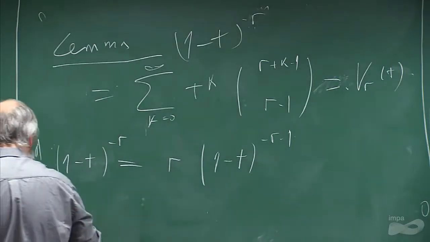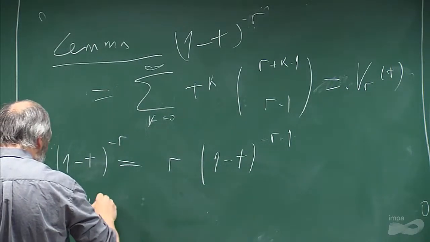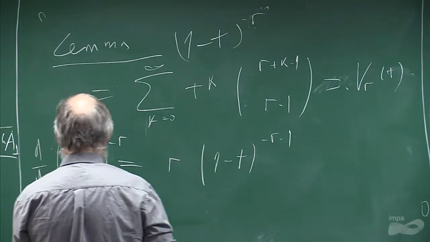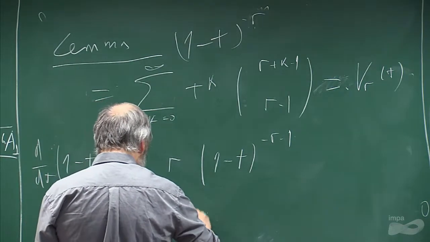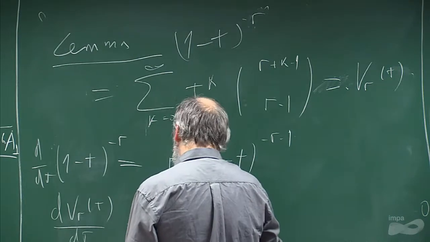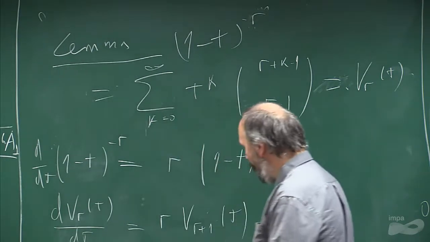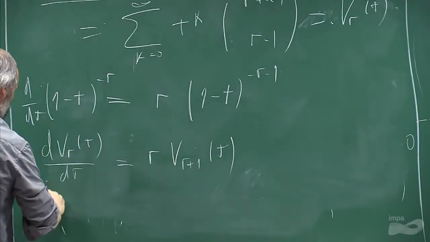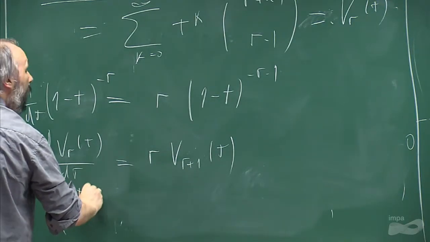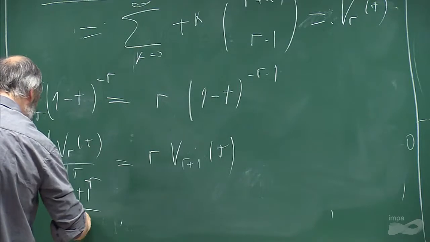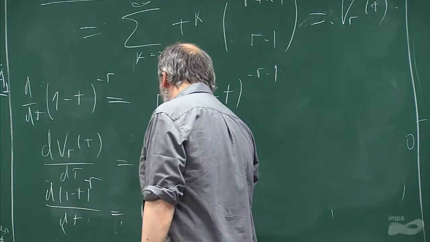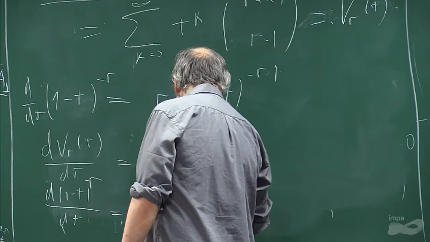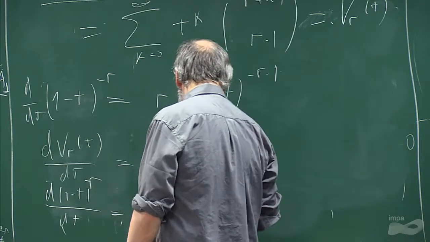So we obtain that dV_r(t)/dt is equal to r V_(r+1)(t). And the same is true with this: d/dt of (1 - t)^(-r) is r times the same with r minus 1, minus r minus 1.